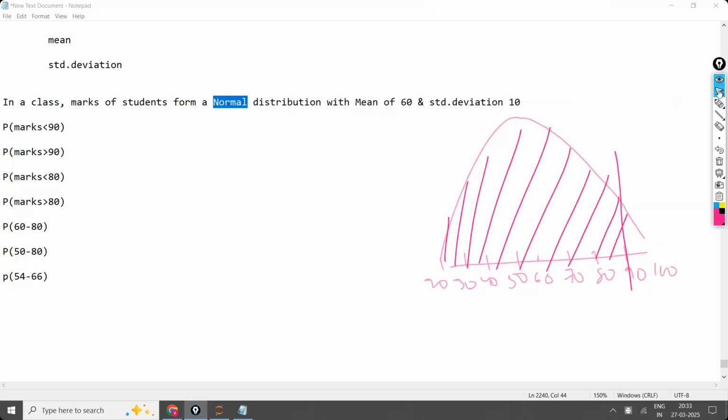Now, how am I going to calculate? First, for which one they ask the probability: marks less than 90. This is the one. First, I will calculate the Z score at 90. Why 90, sir? Because they ask the probability for less than 90.